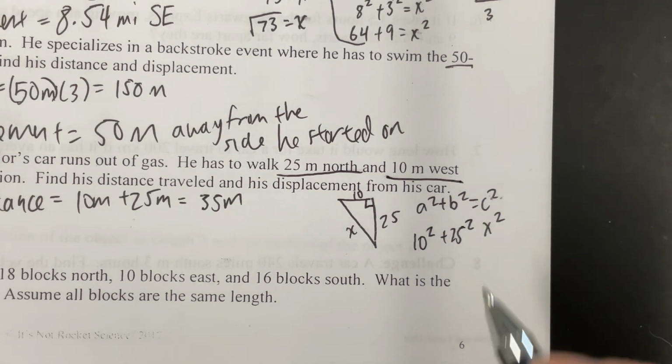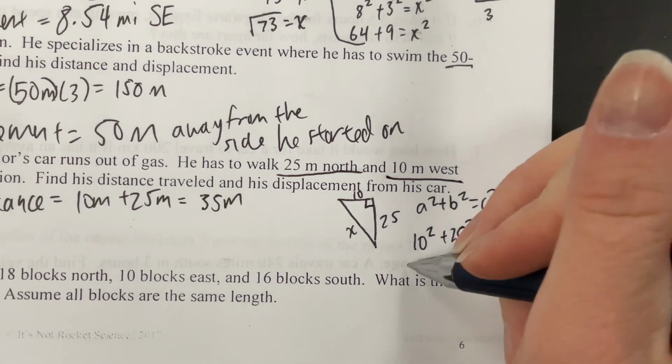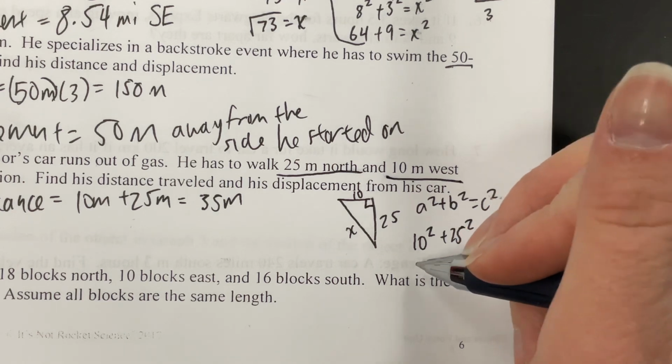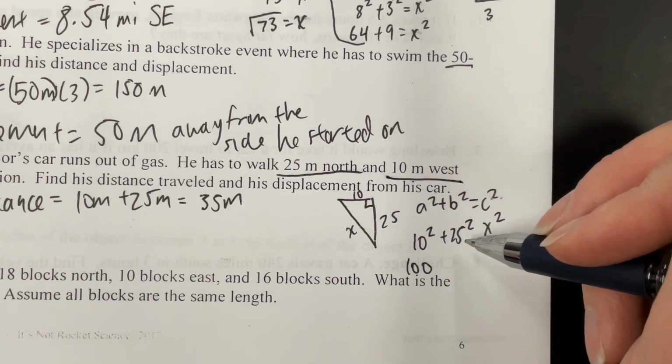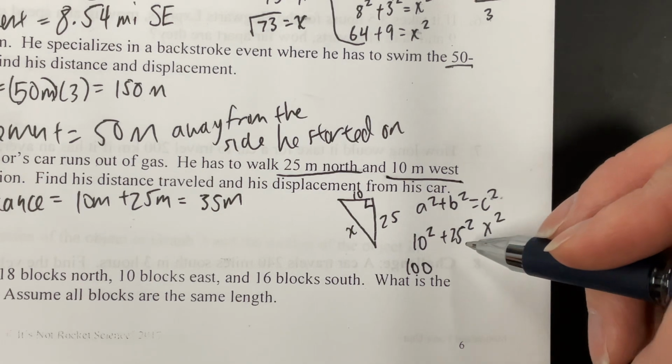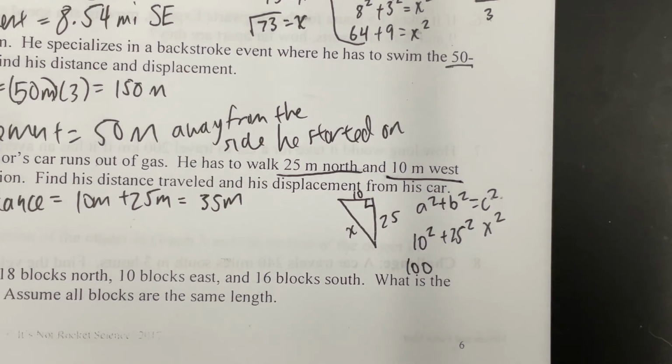Okay, what is 10 times 10? 100, good. And then 25 times 25, what is that? Is that 225? I used to have all of these memorized.